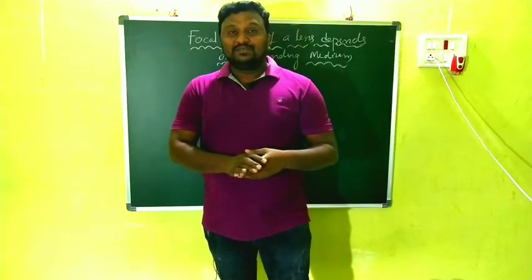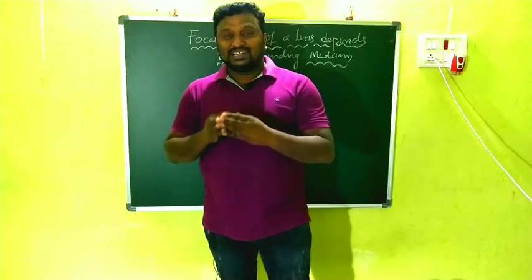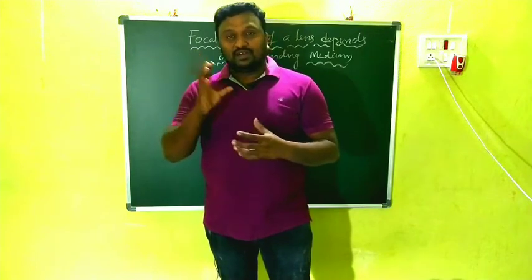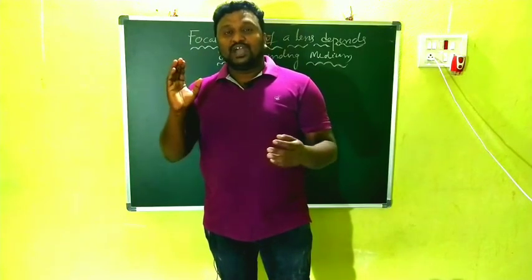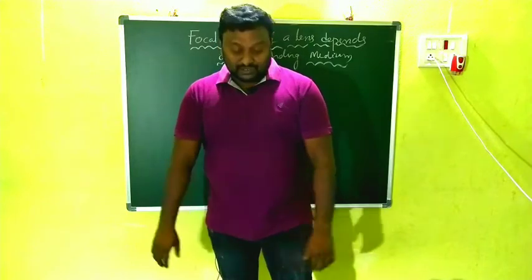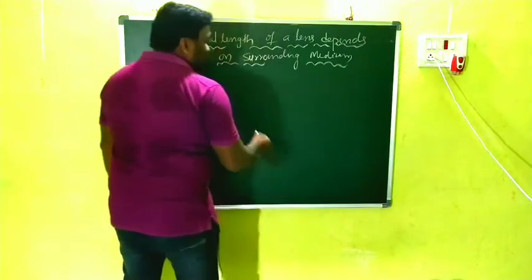Generally, to find the focal length using a lens, we take a lens in our hand and keep an object. Clear? Now I am showing how to find the focal length.